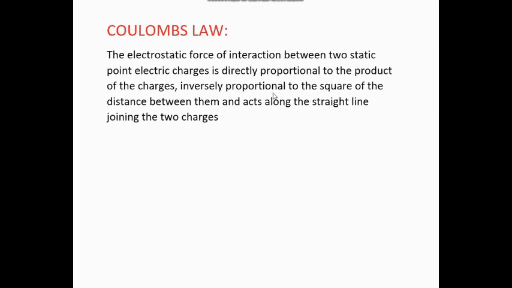That is, force is directly proportional to Q1 into Q2, where Q1 and Q2 are two charges separated by distance r, and force is directly proportional to 1 by r square. So force is directly proportional to Q1 Q2 divided by r square.